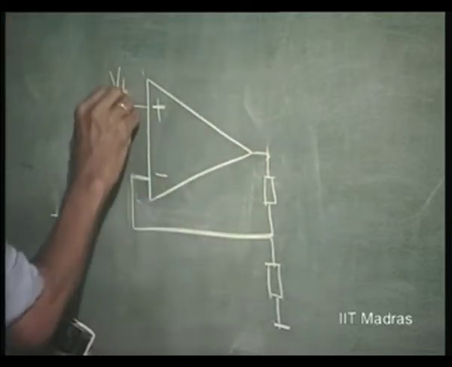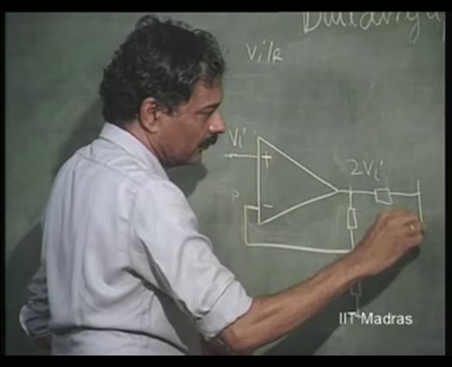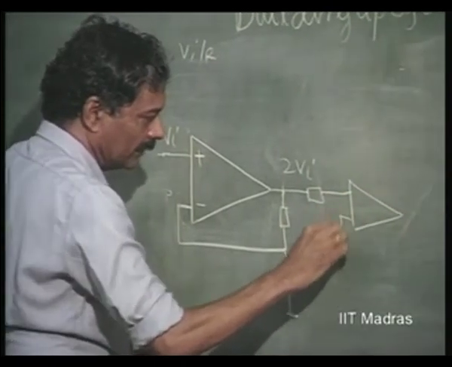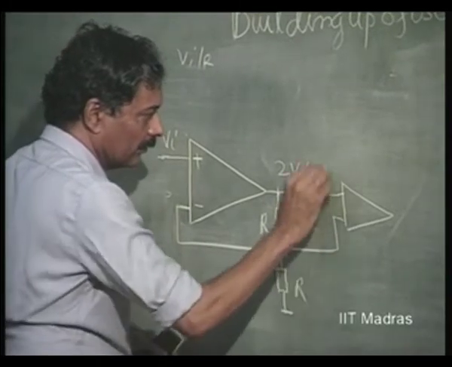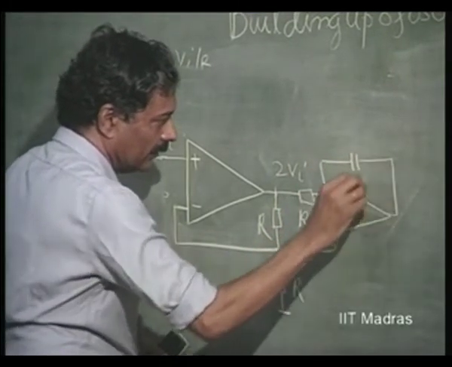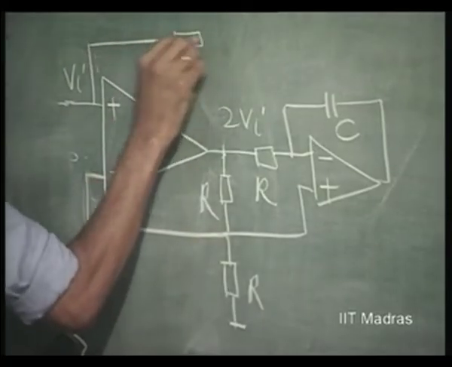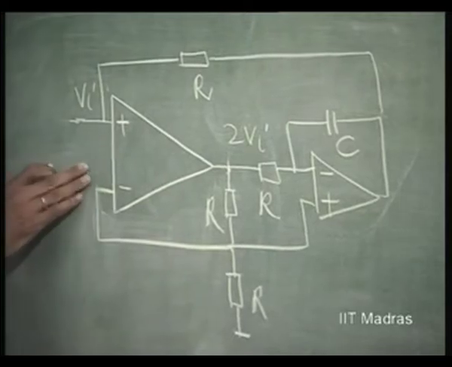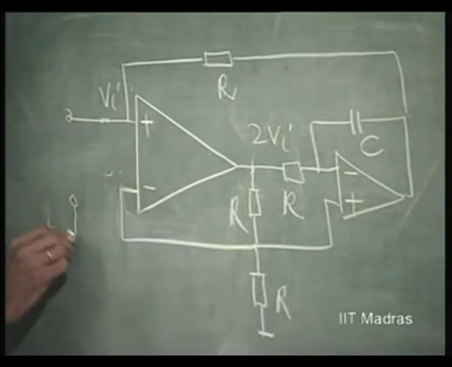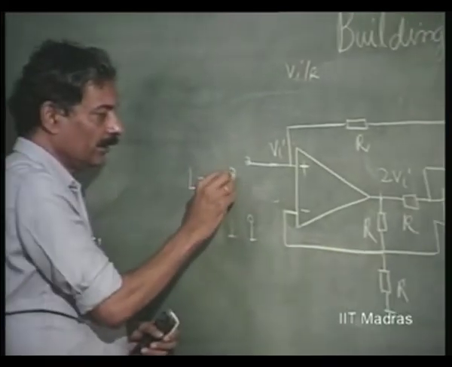So, if this was VI, this was twice VI. Then we put an integrator R here like this, and we had connected another resistance from here to here, and it was simulating an inductor between this point and ground whose magnitude L was equal to C into R square.